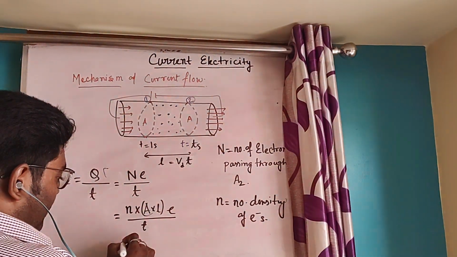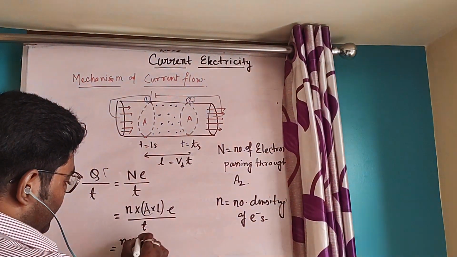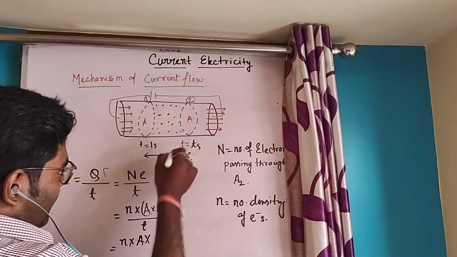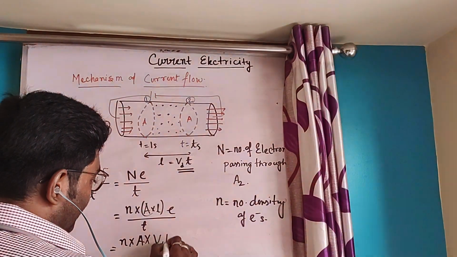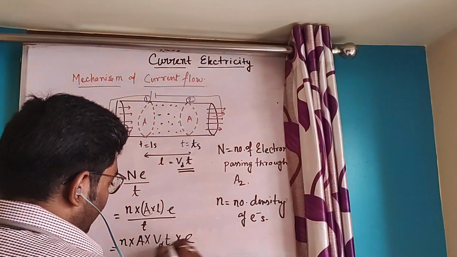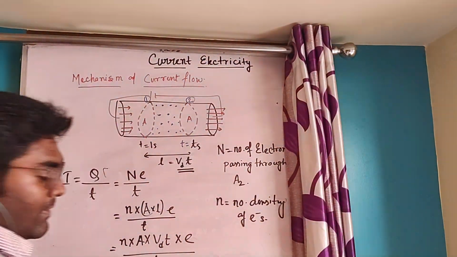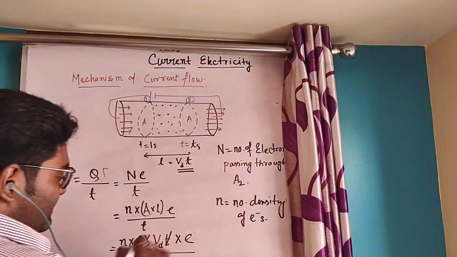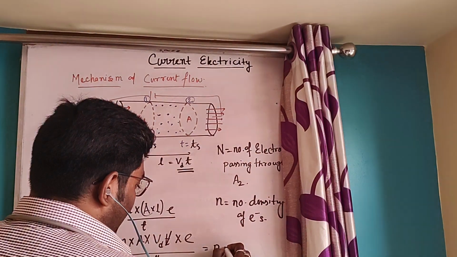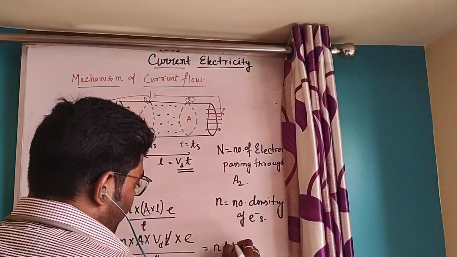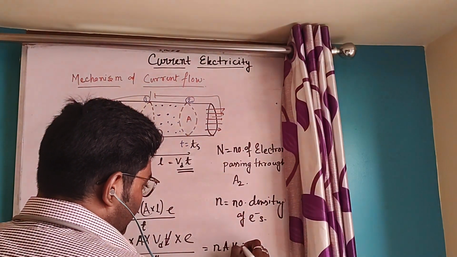Now n into A into L can be written as drift velocity into time. This t and this t will get cancelled out. Now it is coming n A Vd into e.